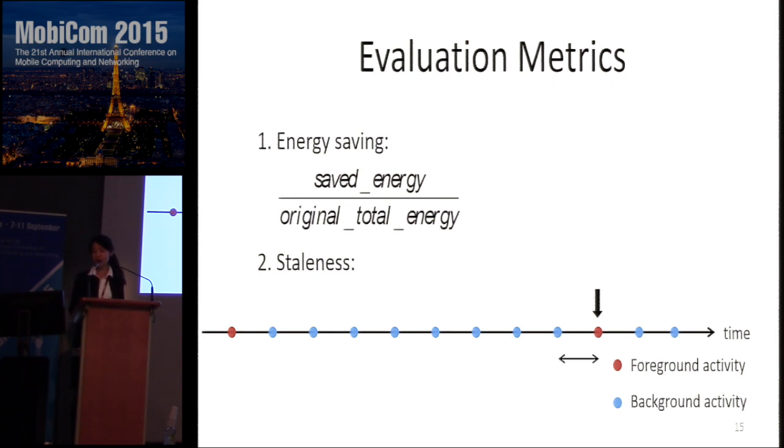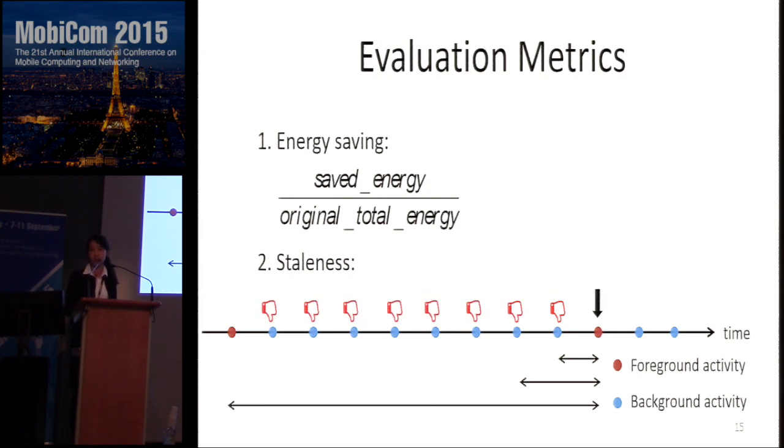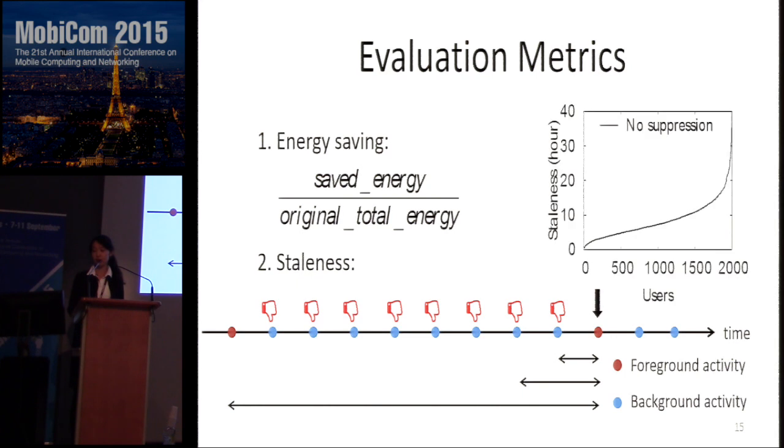If the last background activity is suppressed, then the staleness will increase a little bit. If all the background activities are suppressed, then the staleness will be this much. By the way, even without any suppression, the staleness will still exist in the real world.